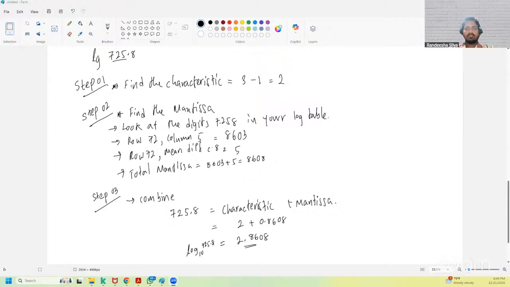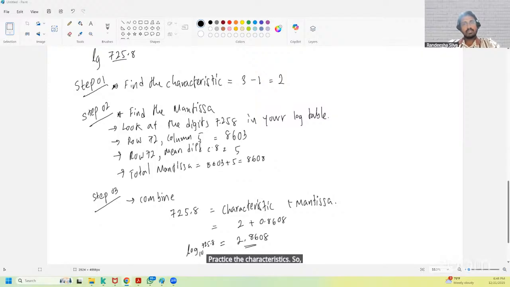Okay, students, we'll go for your part now. Before we use this table, we have to practice the characteristics.